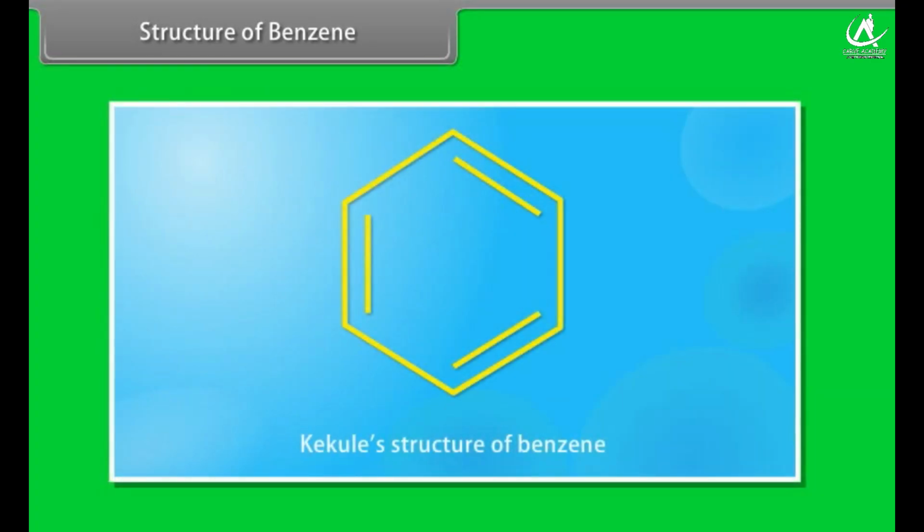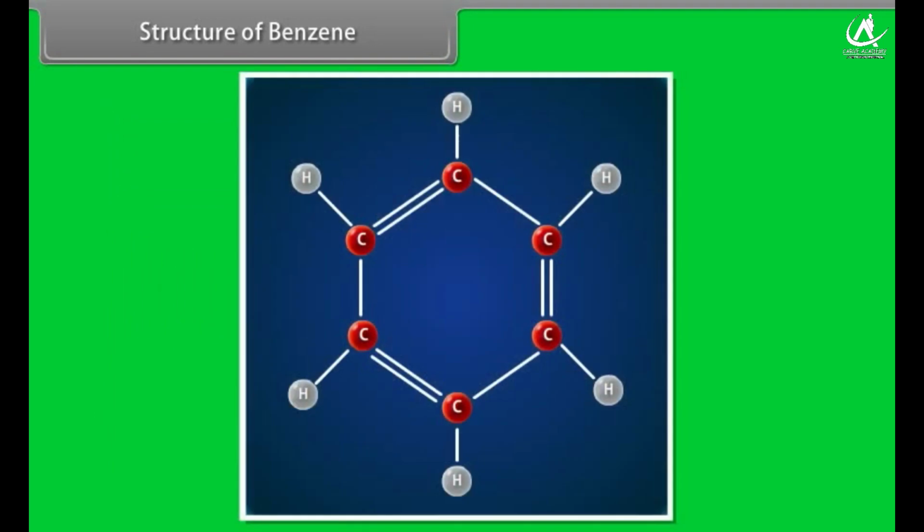Structure of benzene. A chemist, Kekule, in 1865 suggested the following structure for benzene. According to Kekule, the 6 carbon atoms in benzene are on the 6 corners of a regular hexagon. Each C atom is attached to one H atom.